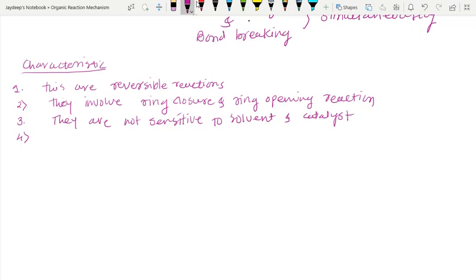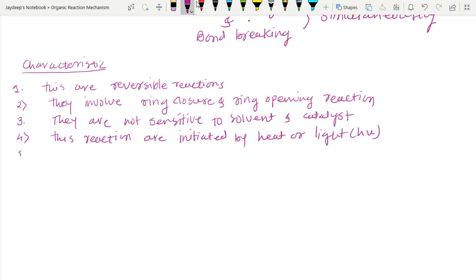The next one is these reactions are initiated by heat or by the presence of light, that is hν.